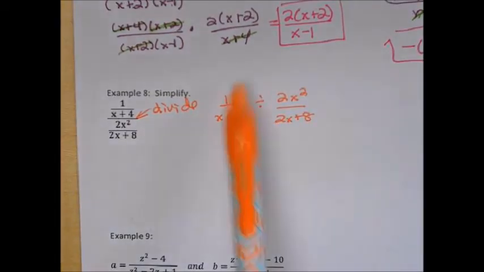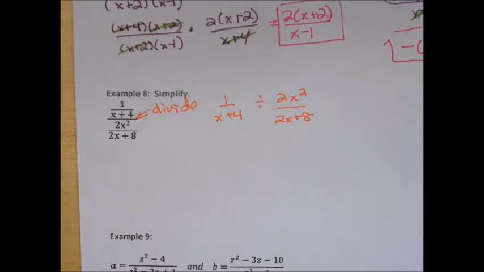So we're going to use our keep, flip, change. Go ahead and try this one. Pause the video so that you can have some time to work this one out.